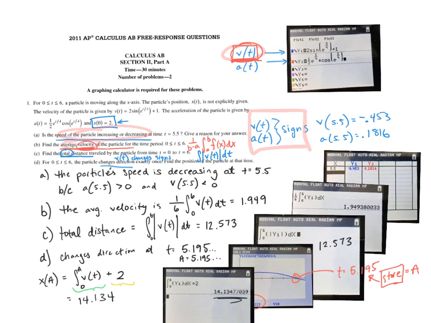That was just average value, because I was looking for average velocity given a velocity function. It was the same thing. I also had to understand what the total in total distance meant. And then lastly, I had to understand how to work backwards from velocity to find position, and I had to make sure that I included my starting point. So a lot of really cool stuff on this problem.